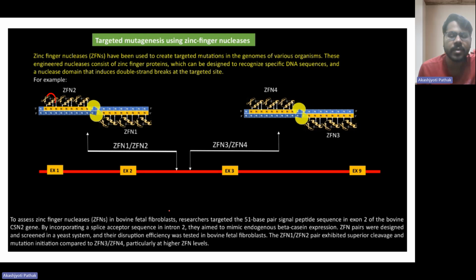Zinc finger nuclease pairs were designed and screened in a yeast system, and their disruption efficiency was tested in fetal bovine fibroblasts. The ZFN1 and ZFN2 pairs exhibited superior cleavage and mutation induction compared to ZFN3 or ZFN4, particularly at higher ZFN levels. So there are different types of zinc finger nucleases.